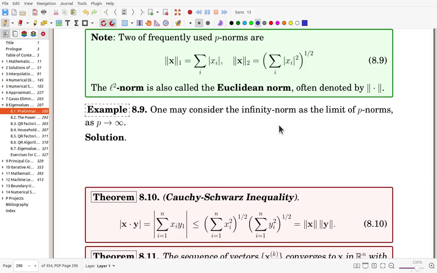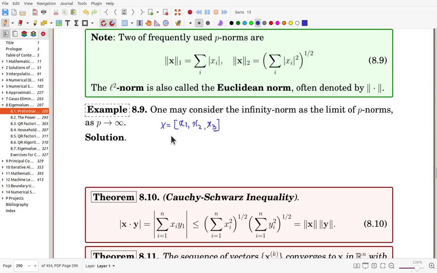Okay, let's see the solution in a very simple way. Now here, for example, we consider only three components, a vector in R3, so that x is now x1, x2, x3.